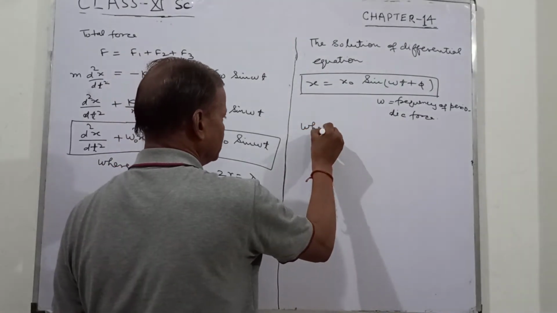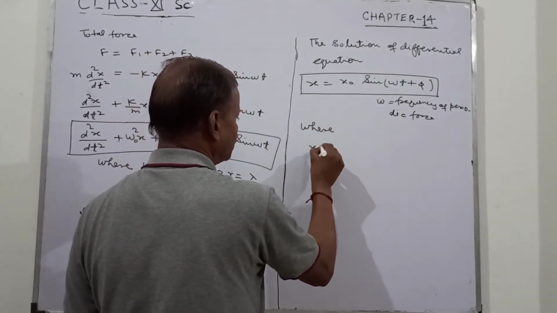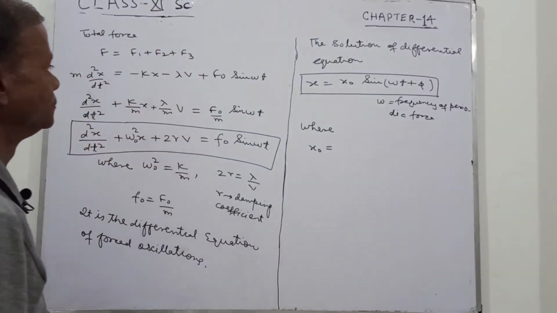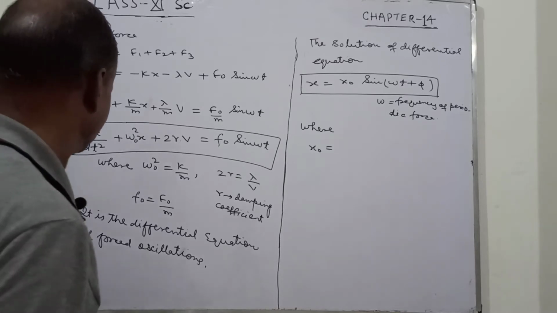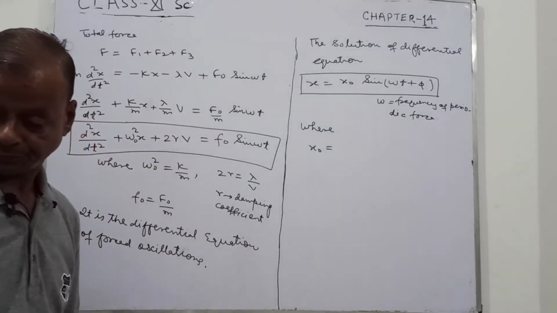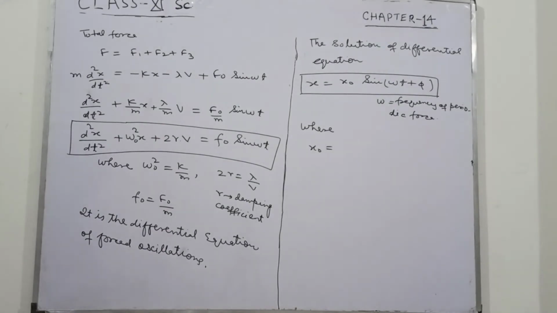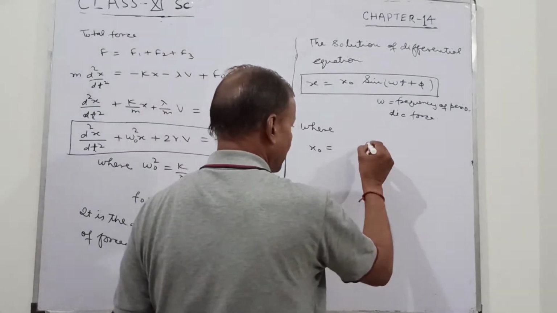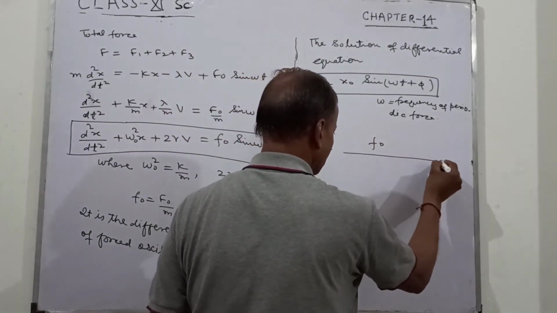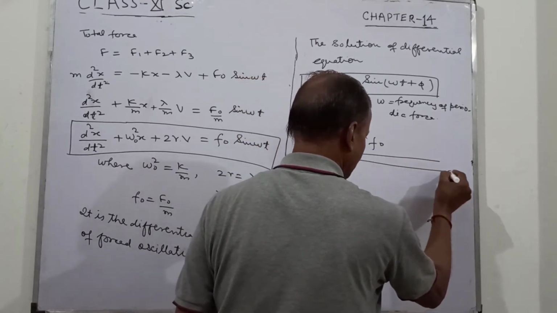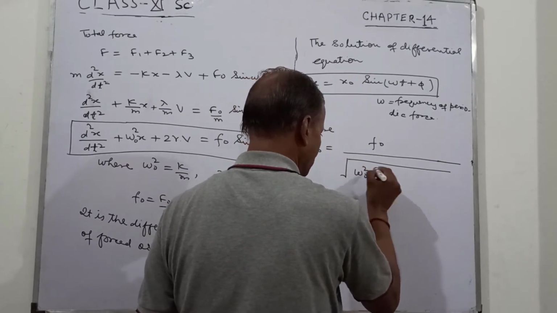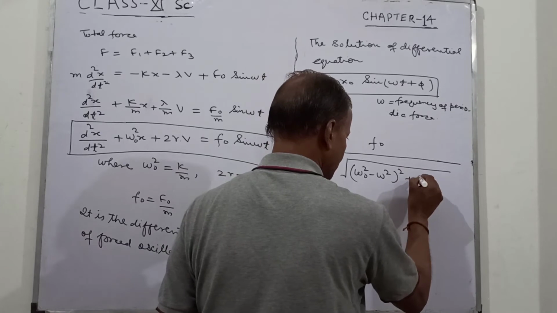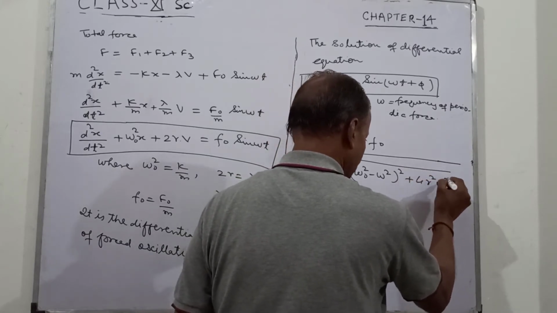where x naught equal to f naught upon square root of omega naught square minus omega square, whole square, plus 4r square omega square.